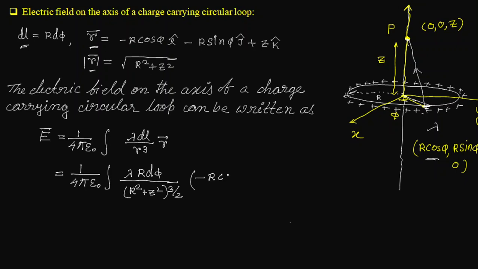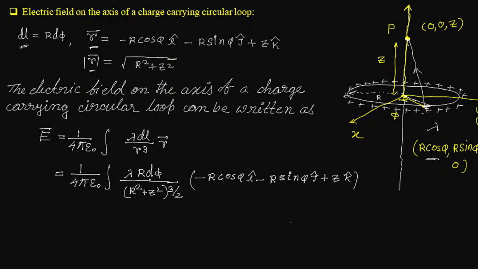So it will be r cos phi i cap minus r sin phi j cap, and then z k cap, and then we have to integrate over the periphery of this loop.